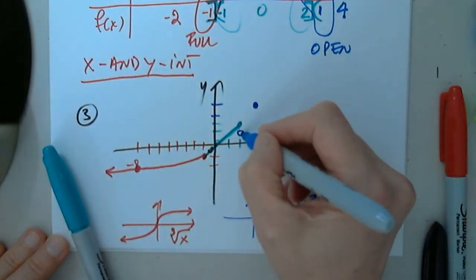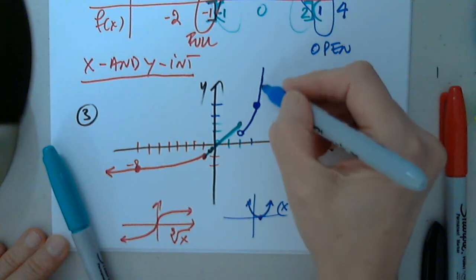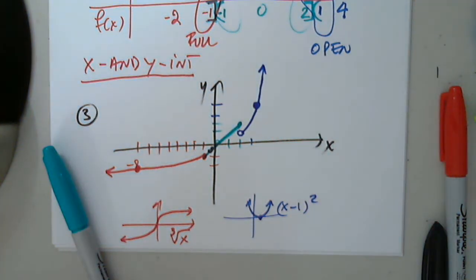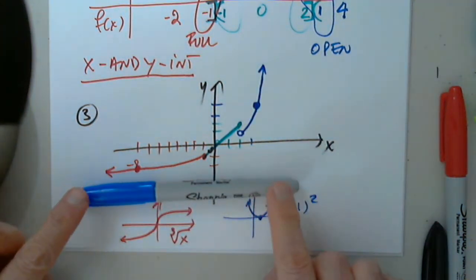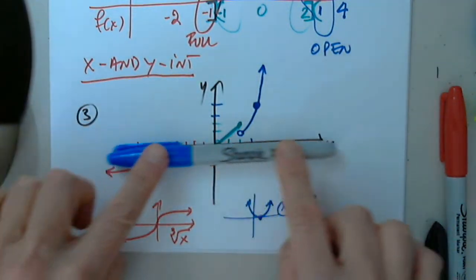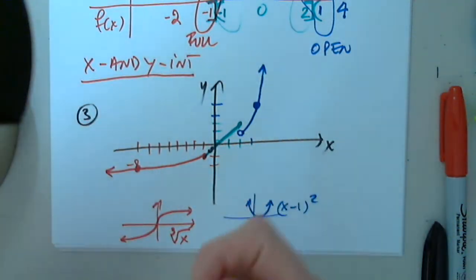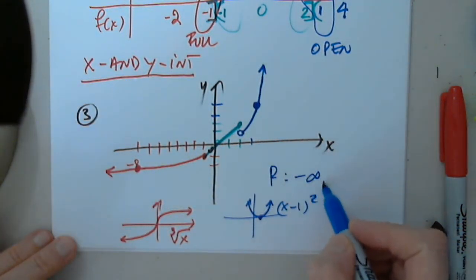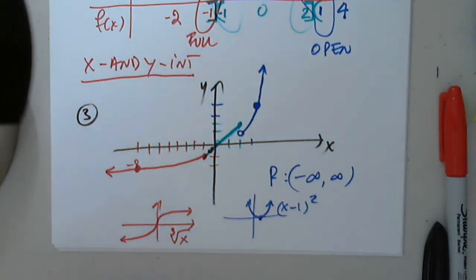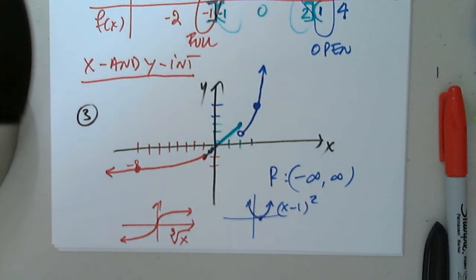I can only graph what I have. So I see the range is between -infinity and infinity. Any horizontal line will cross the function at least once. So now I have the range, -infinity to infinity. All this has to be presented as is.